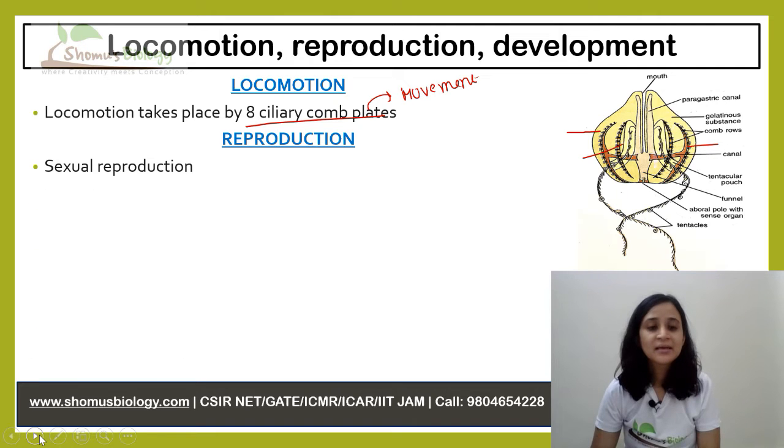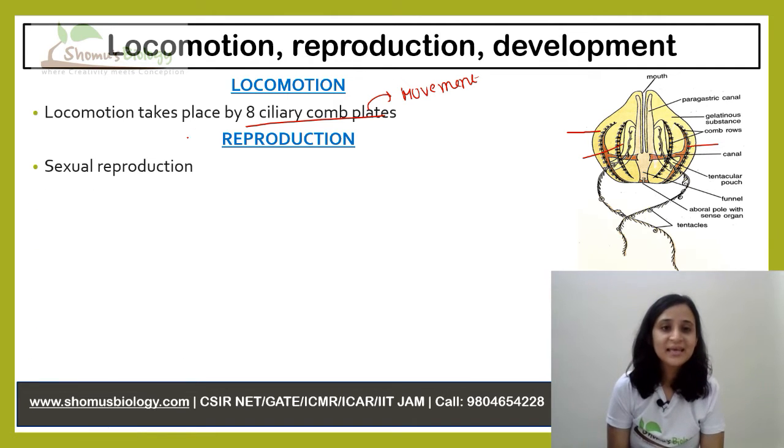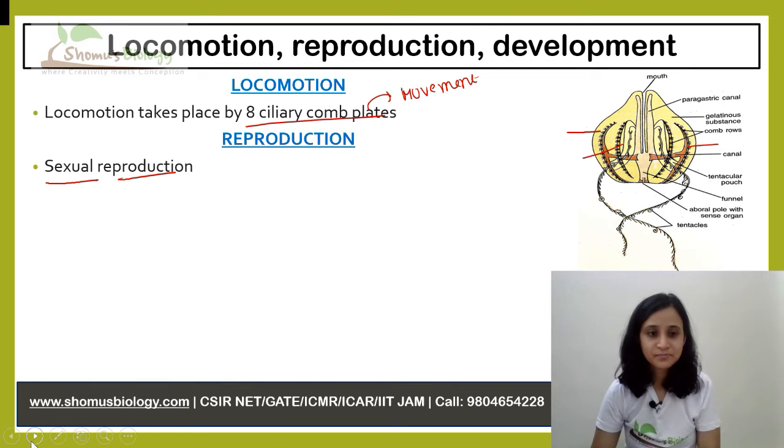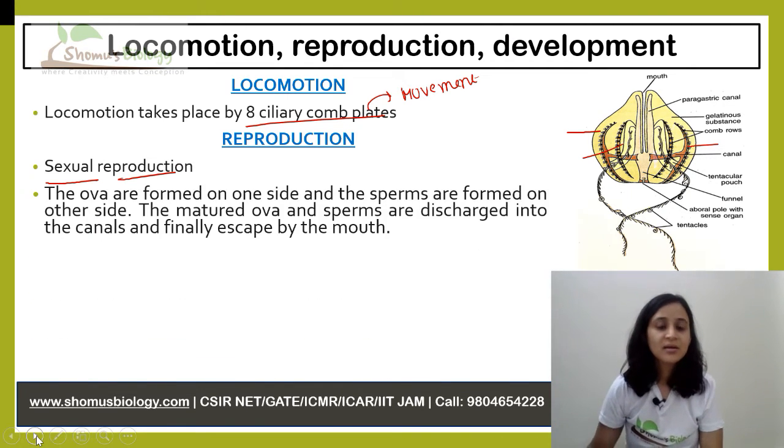Reproduction. They undergo sexual reproduction. The ova are formed on one side of the body and the sperms are formed on the other side. In the body they have two sides, right?